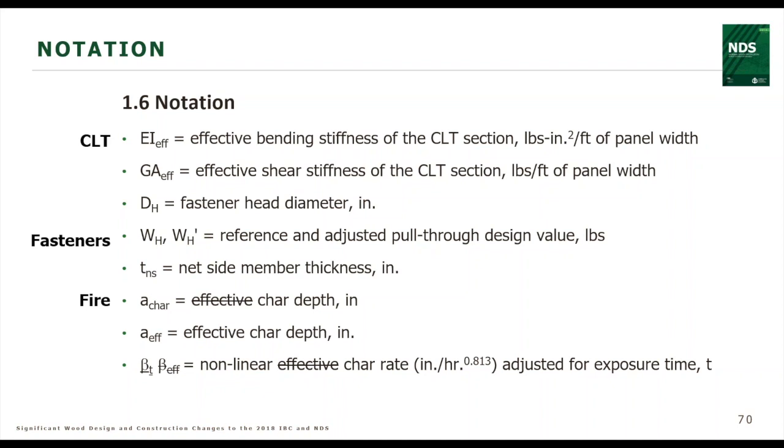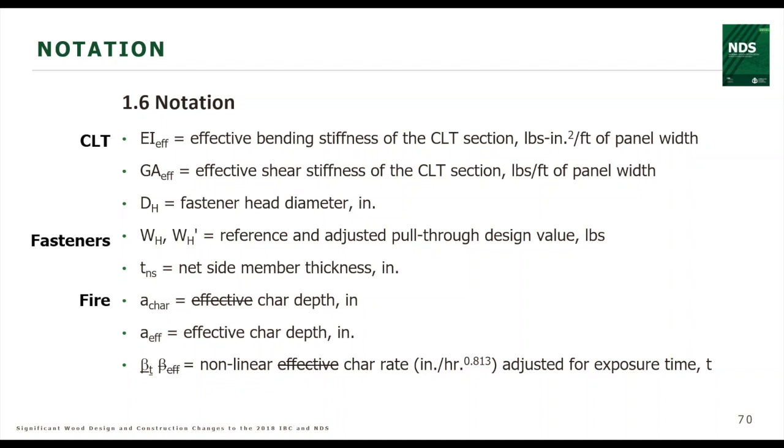So some notations have been updated to reflect changes due to clarification of calculating deflection for CLT. So you can see the first handful there related to that. The EI sub eff and GA sub eff use the effective bending stiffness and the effective shear stiffness in the calculation for the apparent bending stiffness of a CLT panel.